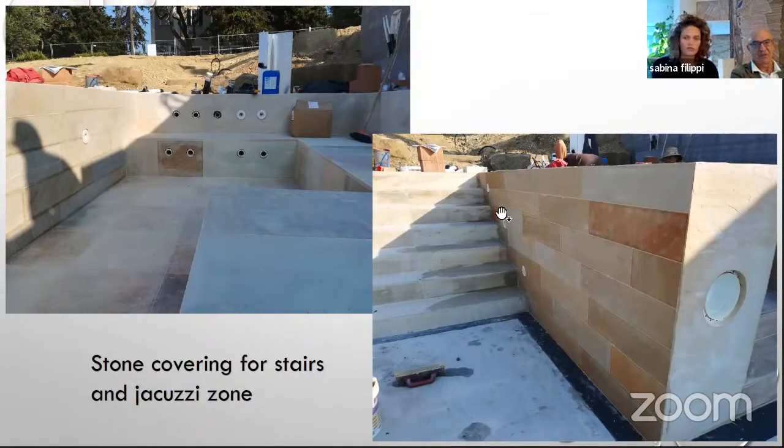Okay, this shows the part of the pool of the jacuzzi zone, done with 8 water jets, and all the covering is obtained with stones, because this reflects the style of the owner.